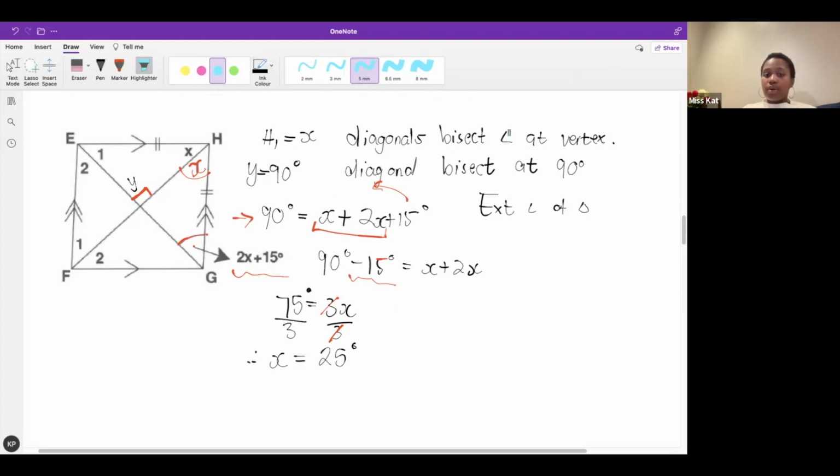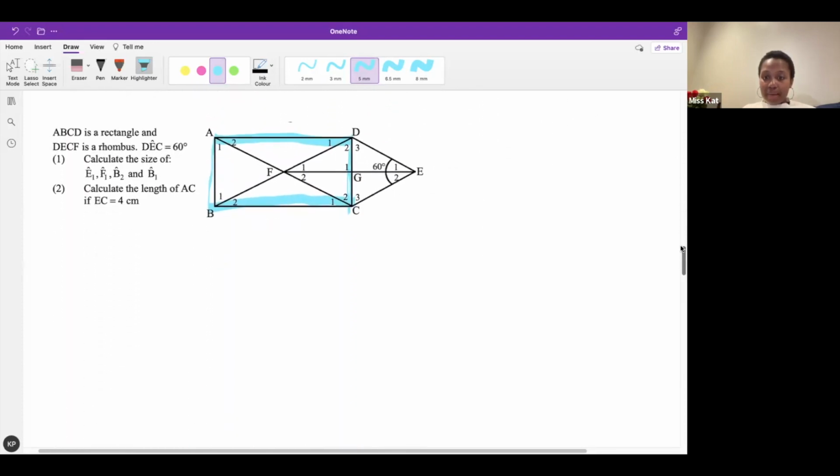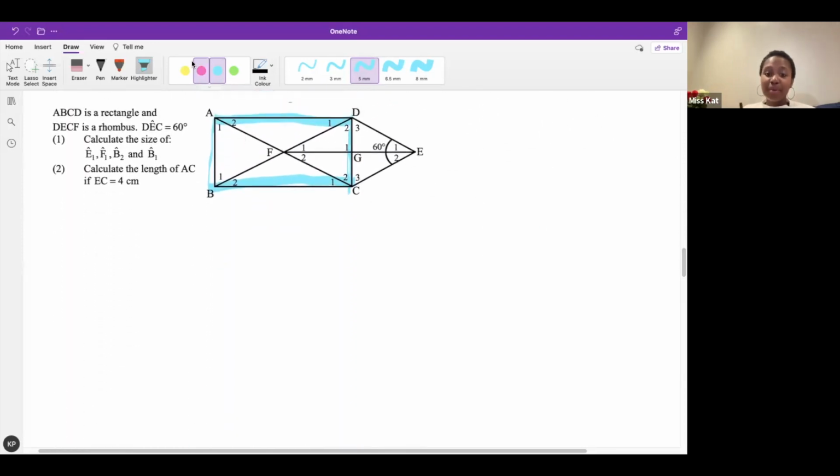Here we go, a couple of seconds. Okay. You have a brain break just now, guys. And then they say DECF is a rhombus. DECF is this one over here who's outside. Okay, boom, boom. Whew. That was better highlighting than I've done in a very long time.